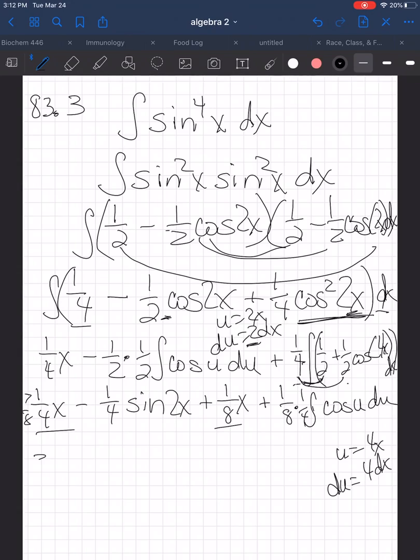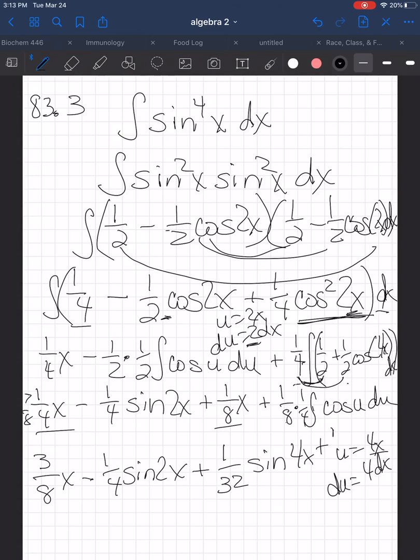So 3/8 x minus 1/4 sine of 2x plus an 8 times a fourth is 1/32. Integral of cosine is sine. U was 4x. And then don't forget the plus c. There we go.